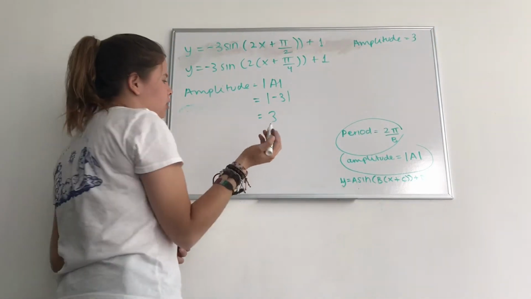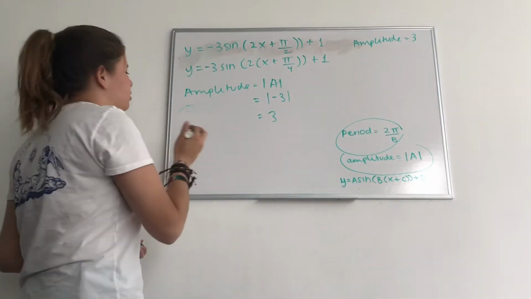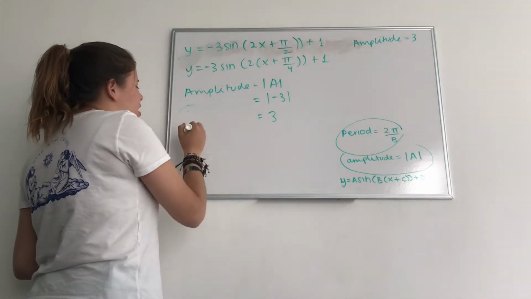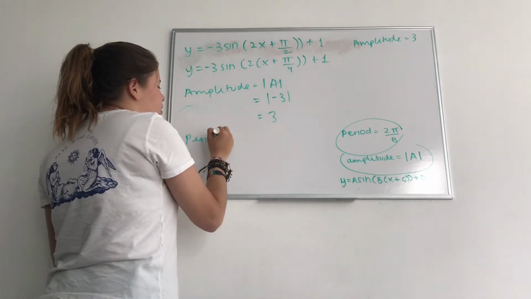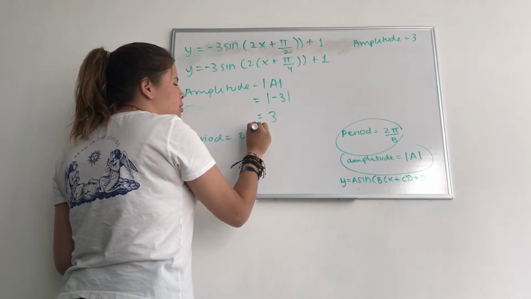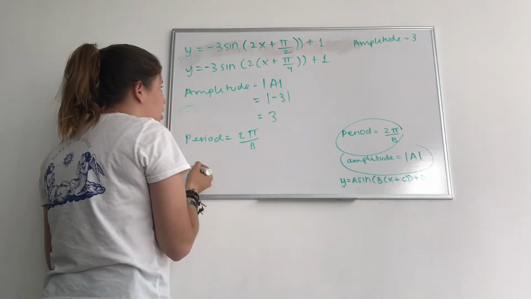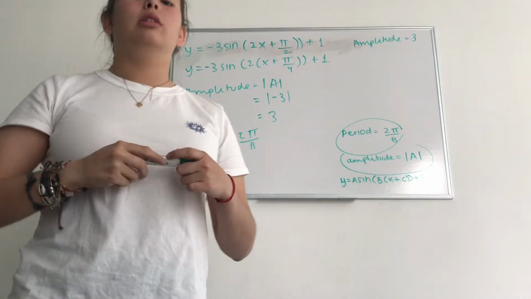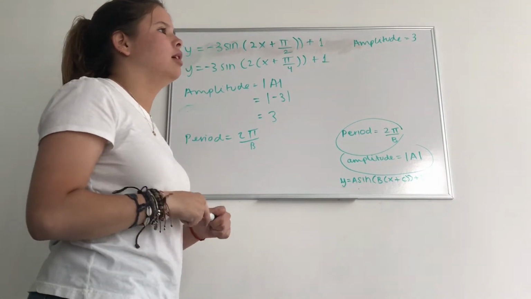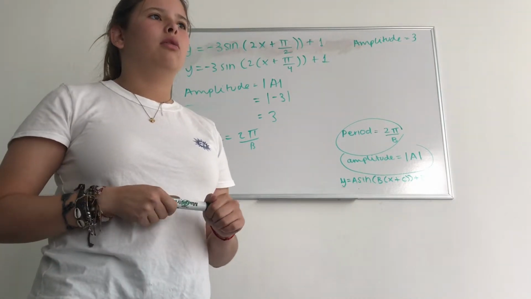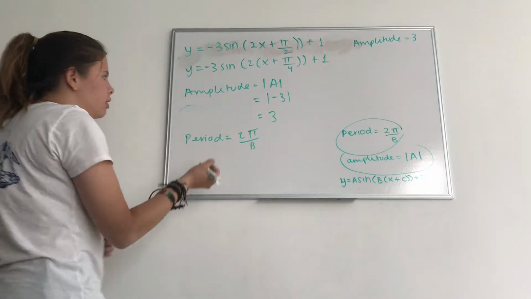Then to get the period, it is the same procedure with this formula. The period is equal to 2 times pi over b. The period is always measured in radians, so we just leave the pi there.